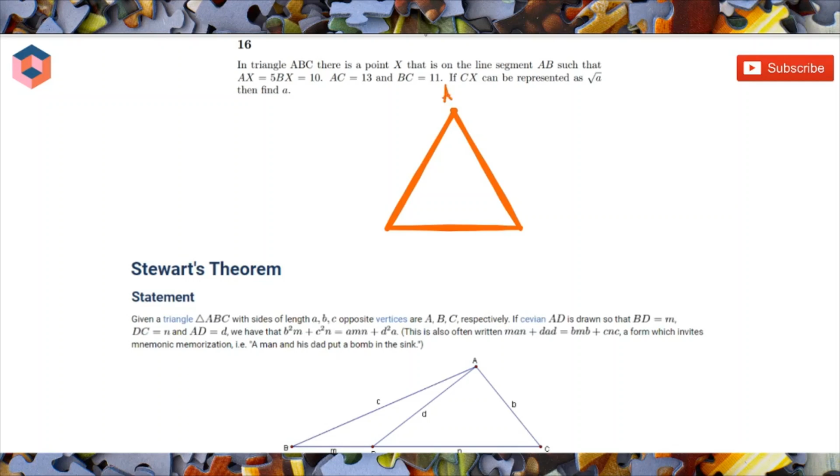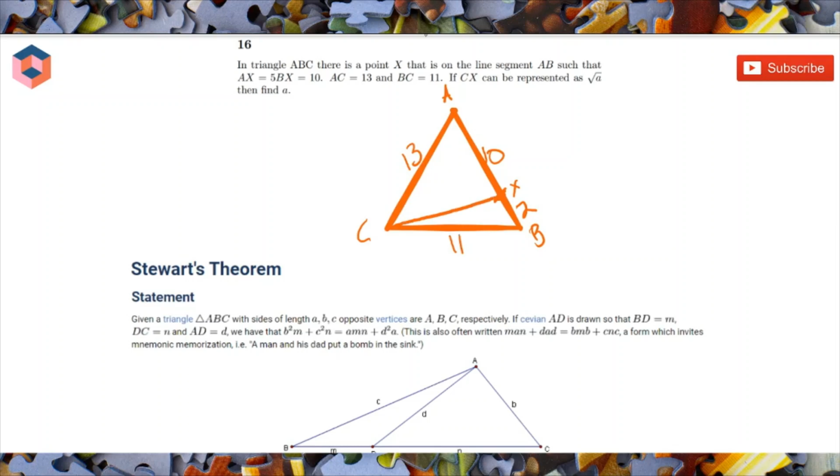So we have A, B, and C. And we're told there's a point X, right here, such that AX equals 10, and 5 BX equals 10, so that means BX equals 2. We're also told AC equals 13, and BC equals 11. Now we're asked to find the value of CX.